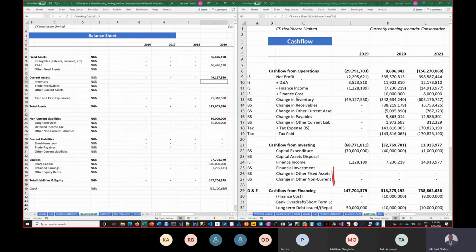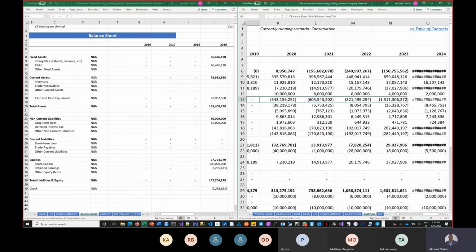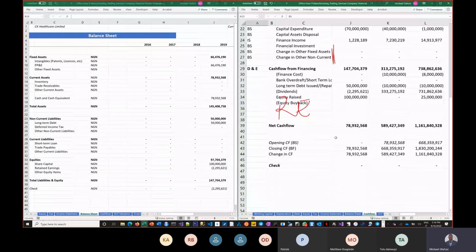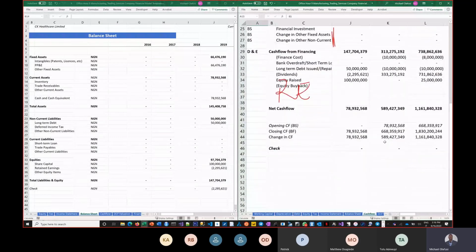Inventory is on line 14, not line 13. So I just need to fix that in the formula. Line 14 is inventory, and I drag that to make sure every other one is complete. Let's see if that fixes it. So that was the cause of the problem.